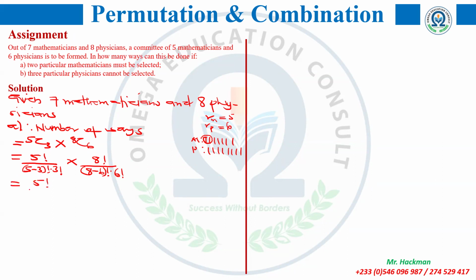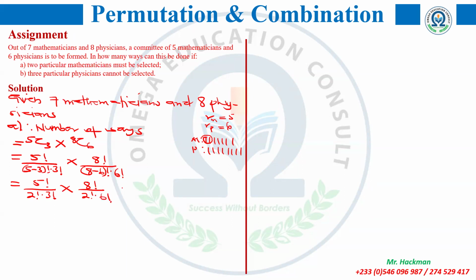So 5 factorial over 2 factorial, times 3 factorial, and the whole of that times 8 factorial over, 8 minus 6 also gives us 2 factorial, times 6 factorial.